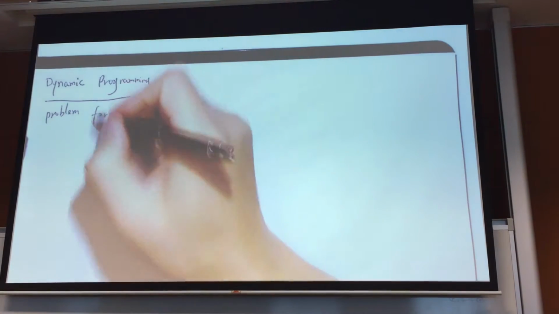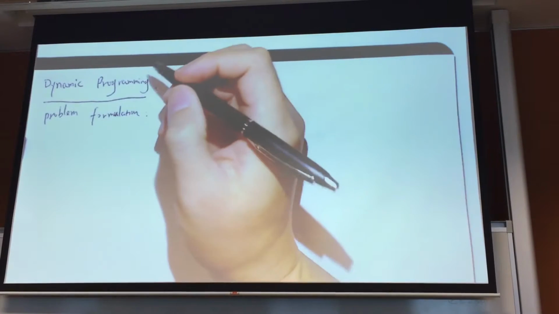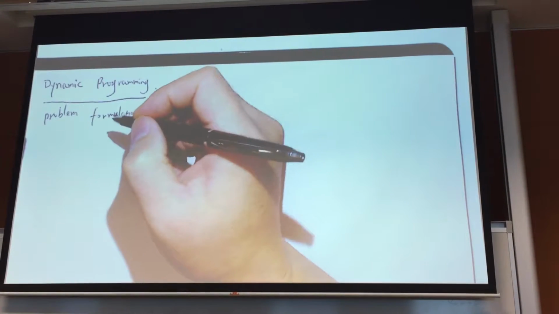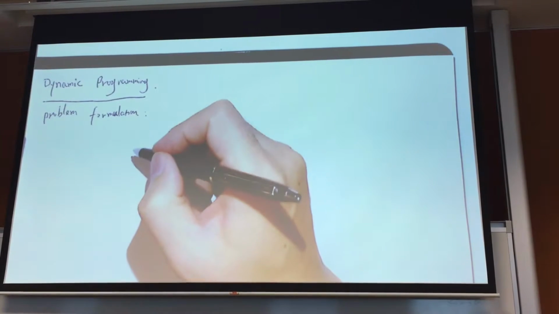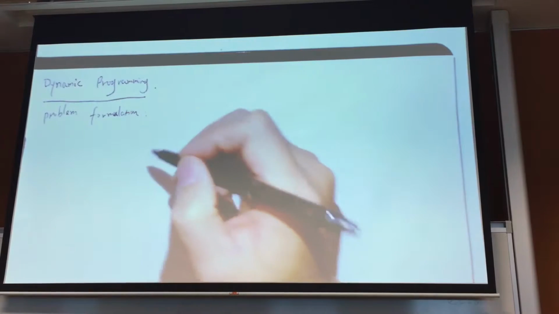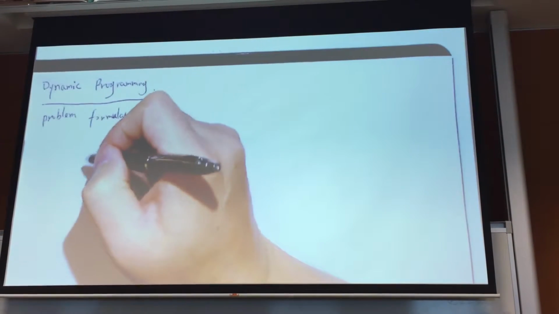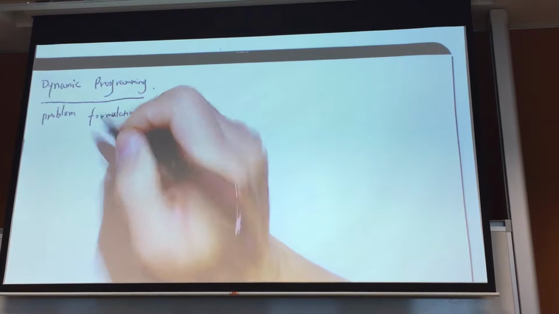The problem formulation is somewhat similar to the problems we tackled before, but in this case it's in a discretized format, because we are trying to use the computer to solve the problem.